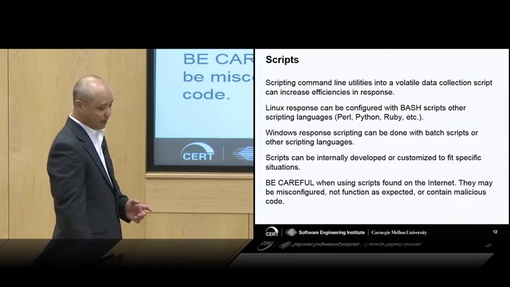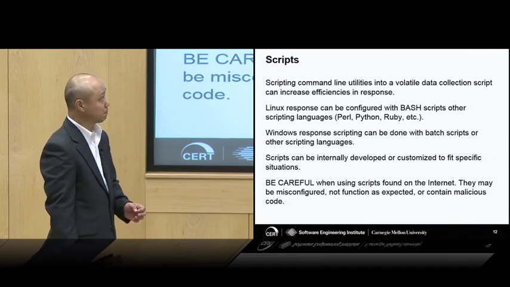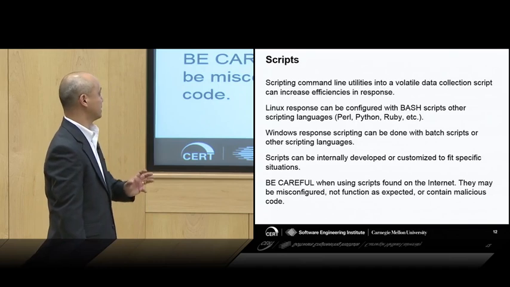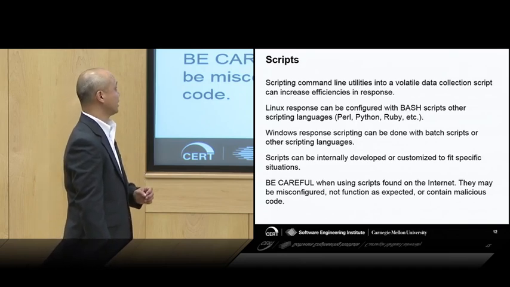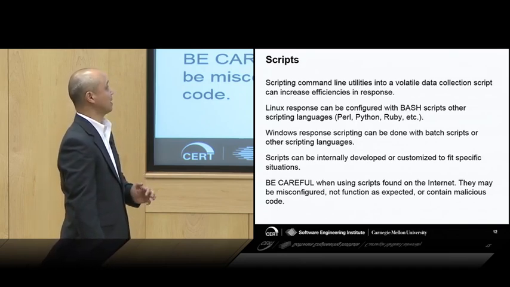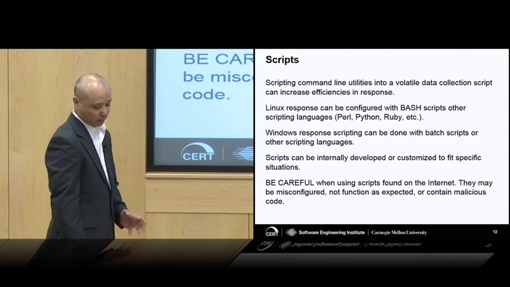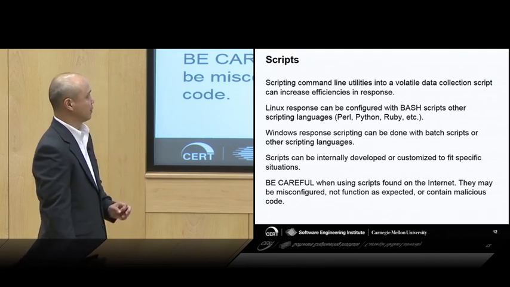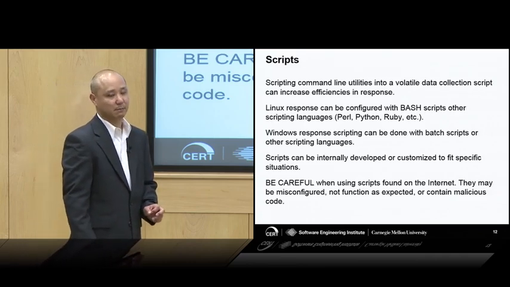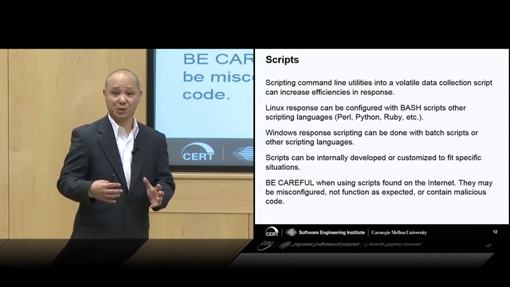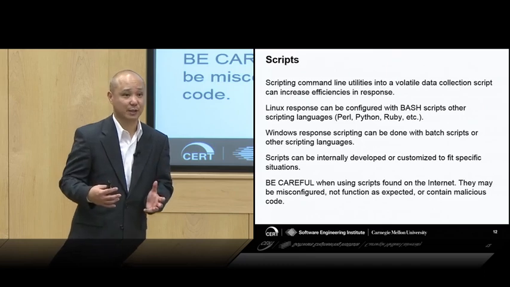And there are scripting languages that are not made explicitly for this but are very good at it. With Perl, Python, and Ruby you can automate multiple steps on multiple machines, and it makes your life that much easier.